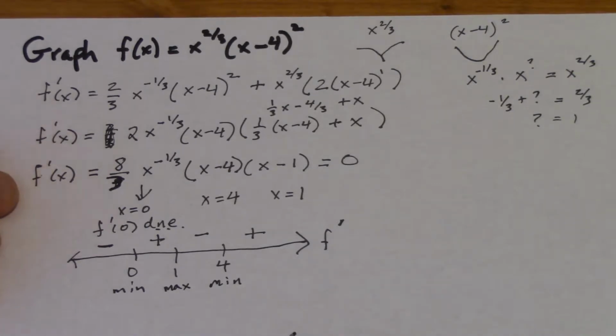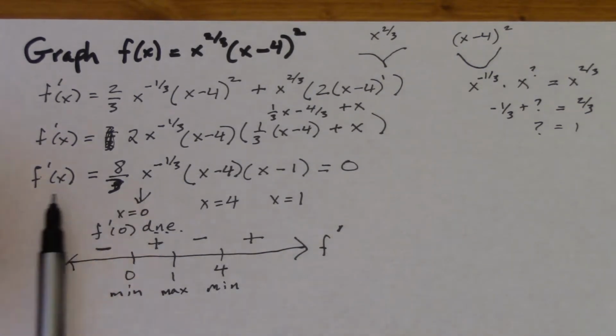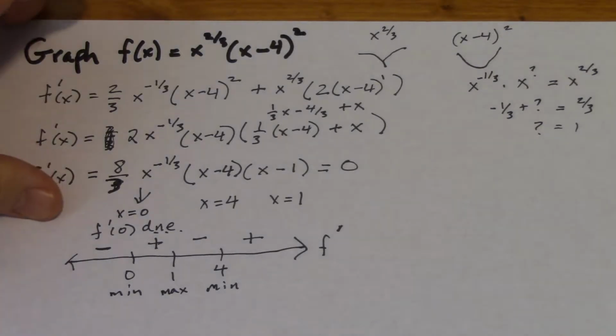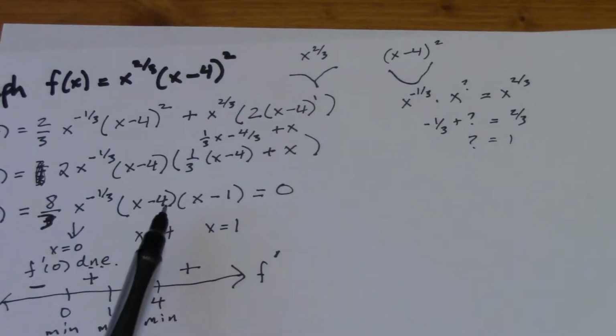All right, the second derivative, deep breath. Okay, so for the second derivative, I'm going to rewrite f prime, and let me get a clean sheet of paper because this is going to take a little bit of room. Let me copy down what f prime is supposed to look like here. I'm going to take this part and multiply it out.